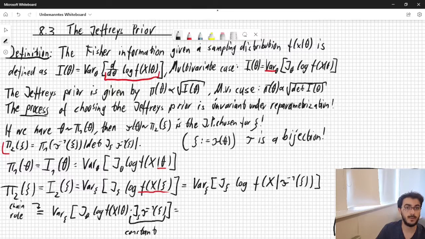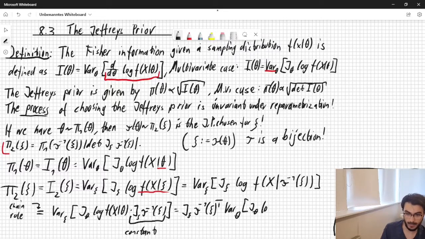The variance transforms very nicely under multiplication with a constant, even in the multidimensional case. This is just equal to the Jacobian transposed times the variance with respect to theta. Again, it doesn't matter if we have variance with respect to psi or theta, it is the same.